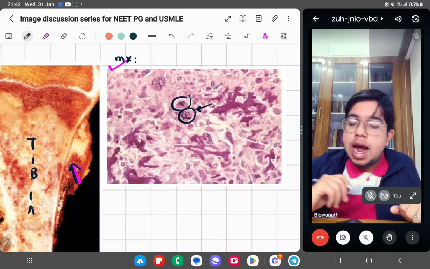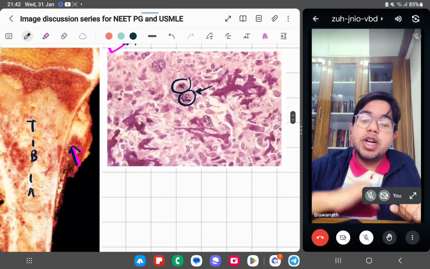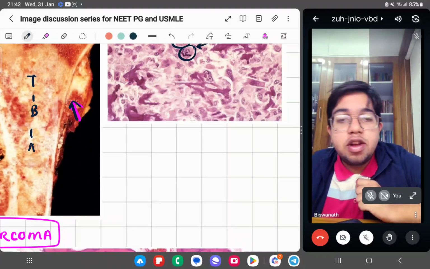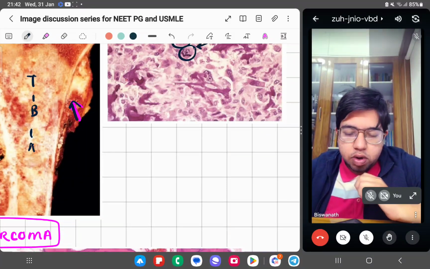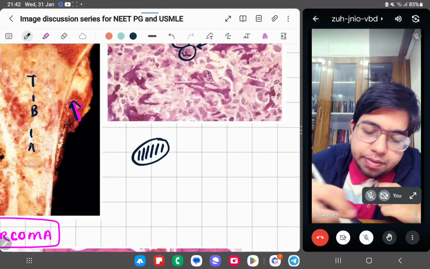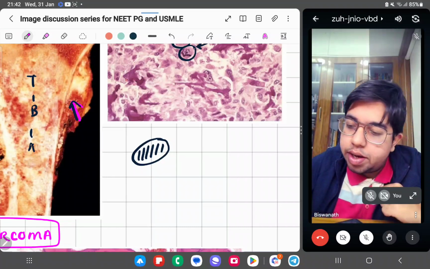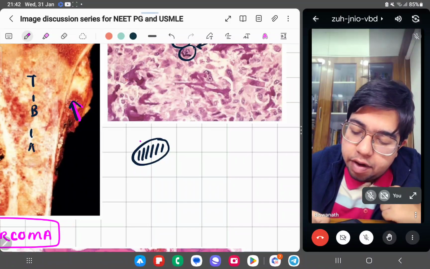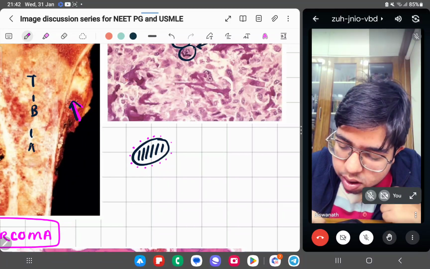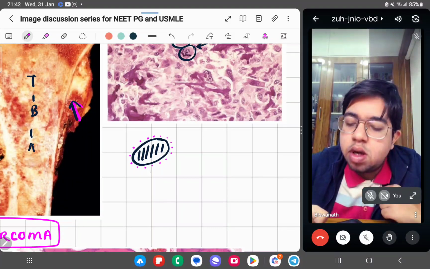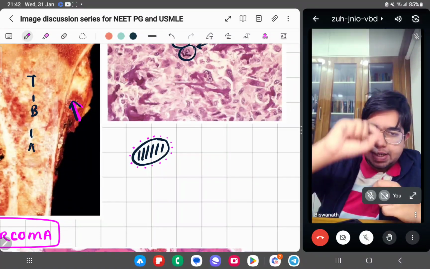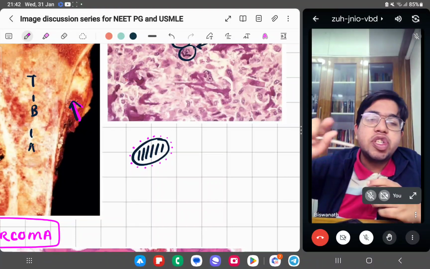And here a very important thing: you must have observed bone in your normal histology in the first year. You must have drawn the bones. So if you have the bone here, around the bone you have osteocytes. In the developing bone, an osteoblastic rim.